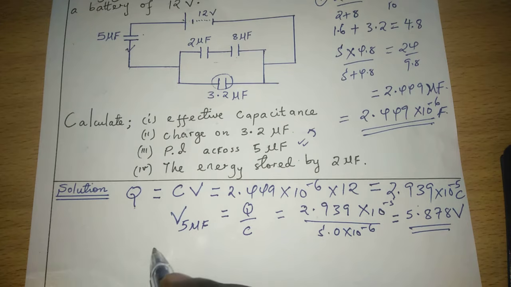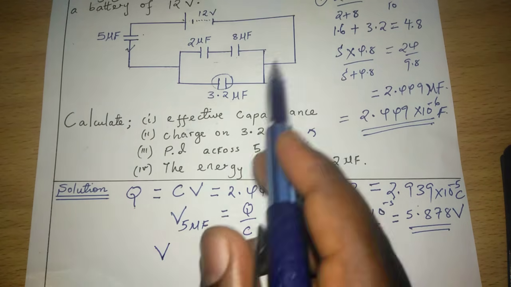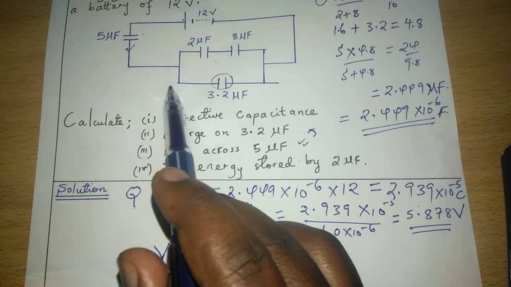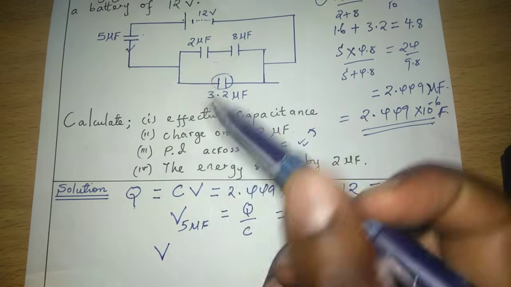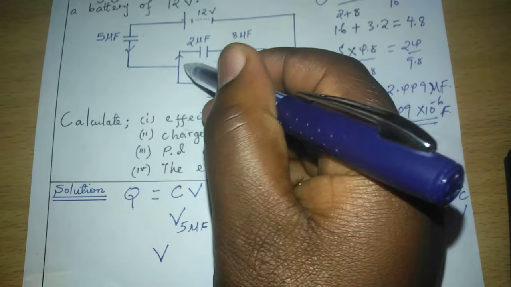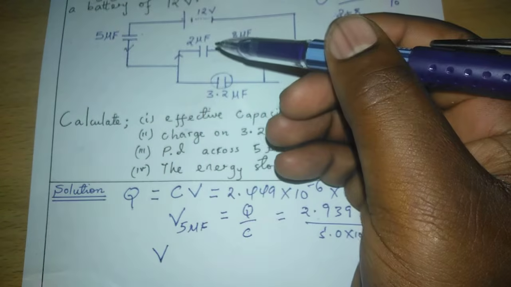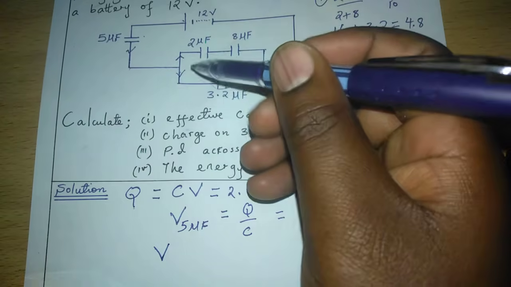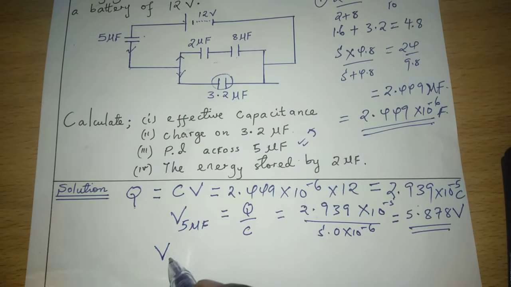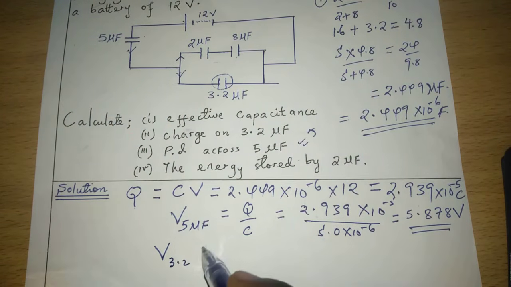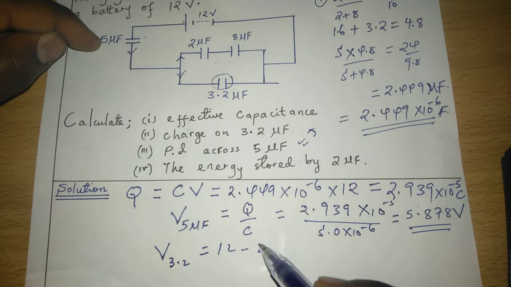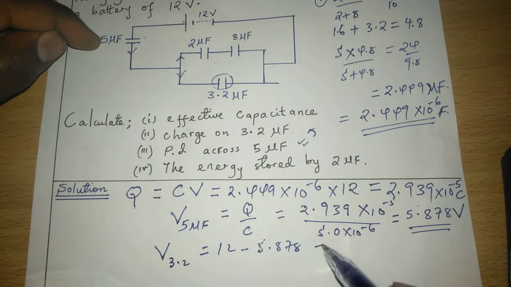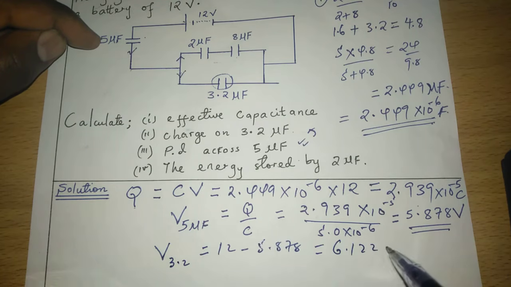So the voltage which proceeds to both the 3.2 and to this other branch here, the balance, which is the voltage in the 3.2, is 12 minus the voltage at the 5 microfarad, which is 5.878, and we're getting 6.122 volts.